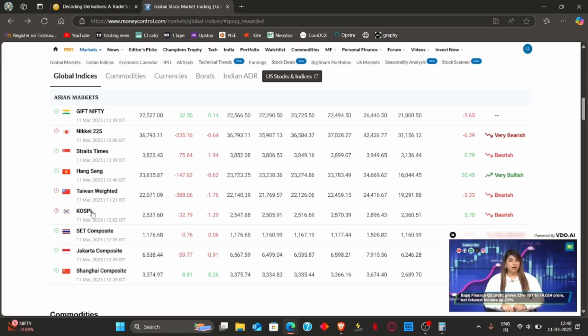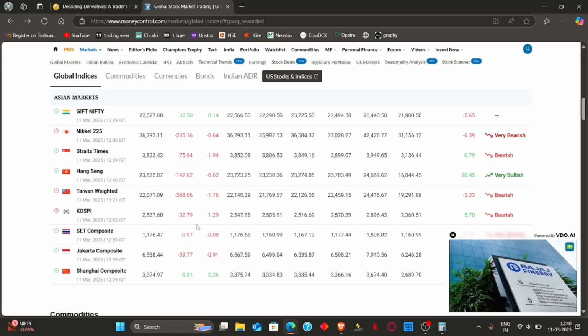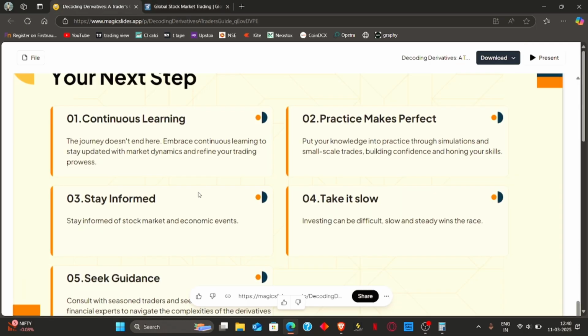Taiwan, Hong Kong, Korea, Shanghai, and the Chinese economy are also under losses currently. So we can expect a decline in our Indian markets as well. That's why we should see the global trends and understand what's going to happen in our markets. So we'll be prepared, we can be one step ahead in our trading strategies and in what sort of trades we need to take, and we will be protected from sharp, fake movements in the market.